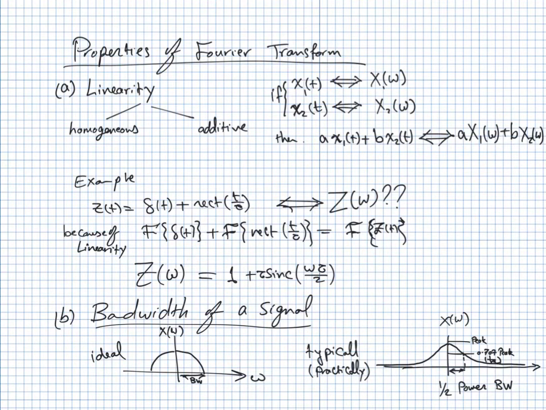And then you draw the line. You drop it down here, and then the width from 0 up to this point is going to be the half power or the 3 dB bandwidth. We call that the half power or the 3 dB bandwidth, okay?